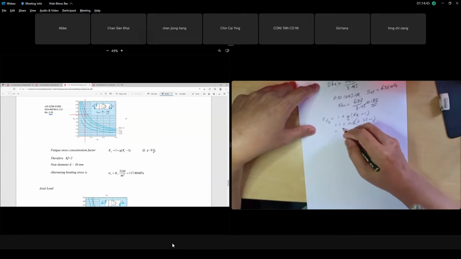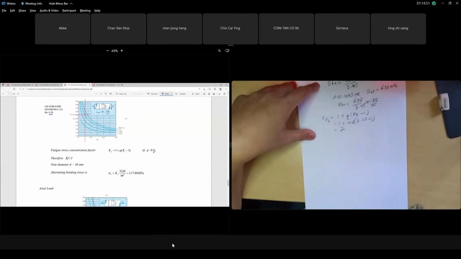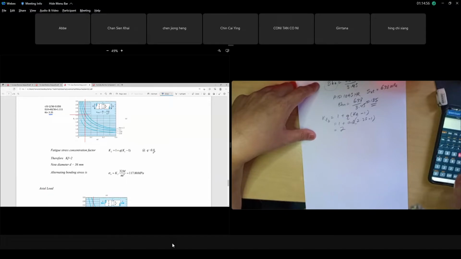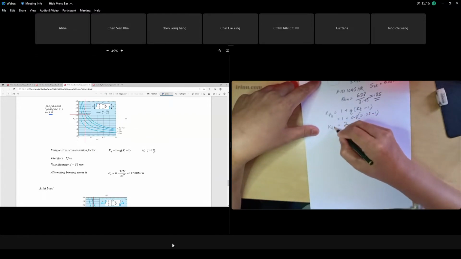That is 2.25 minus 1, times 0.8, so KF is 2. Alright, our KF for bending is 2.